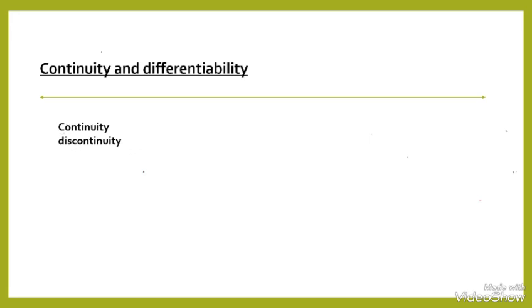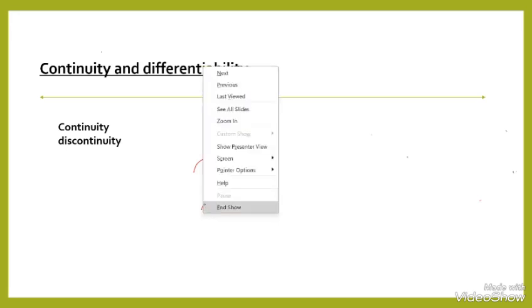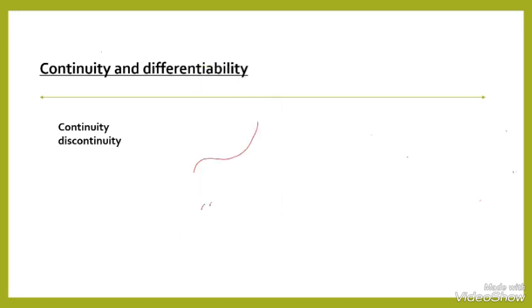Continuity means we can draw a line without lifting the pen. Here I am drawing a line. If you can draw a line without lifting the pen, then it is called continuity. These two lines, I can draw only while lifting the pen.